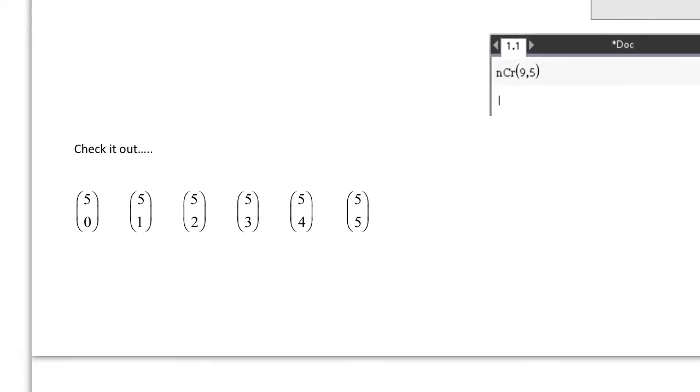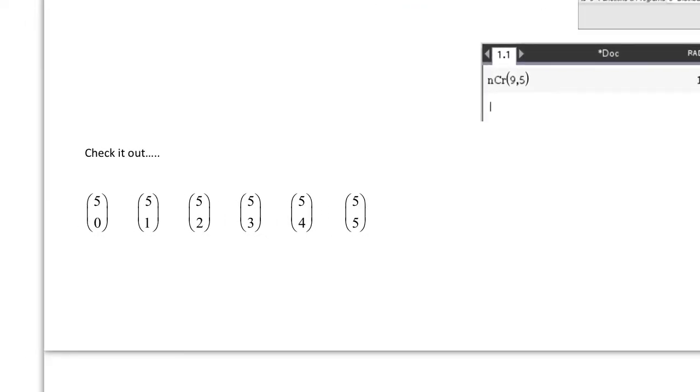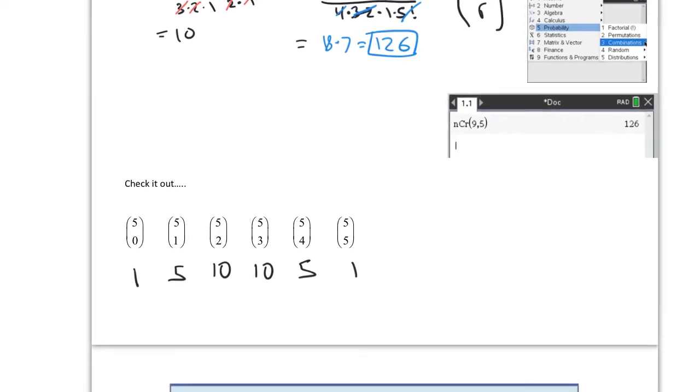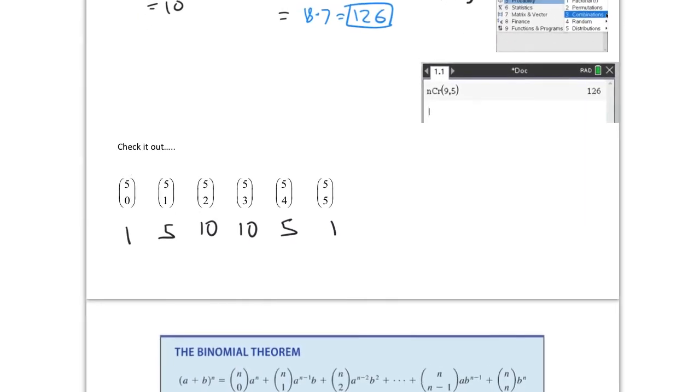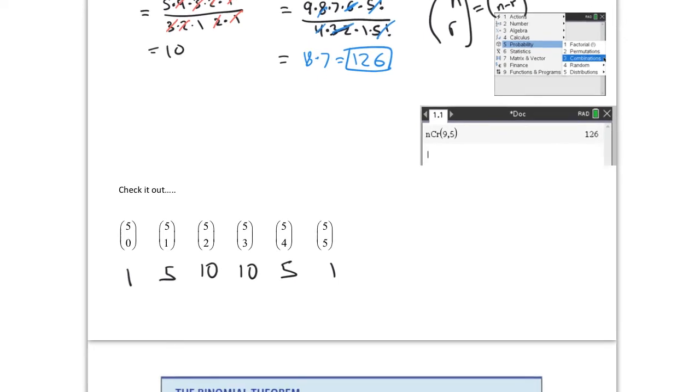Something interesting happens when we start using these combinations or binomial coefficients. If you want to practice, plug them in your calculator, pause it, or do some by hand, pause it. When you do these all out, you get 1, 5, 10, 10, 5, and 1, which should look familiar, right? That's because that's from Pascal's triangle.